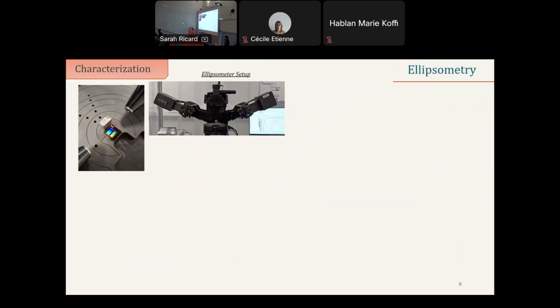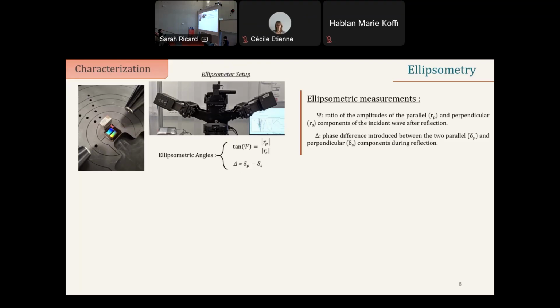So here's our setup. We have our sample with a magnet, so we can do measurements without a magnetic field and with a magnetic field. We can flip the magnet to have a positive or negative magnetic field. What we are interested in is the two ellipsometric angles, psi and delta, and they are directly related to the amplitude of the parallel and perpendicular components of the incident wave after reflection for psi, and for delta, the same, but with the phase difference between the two components.